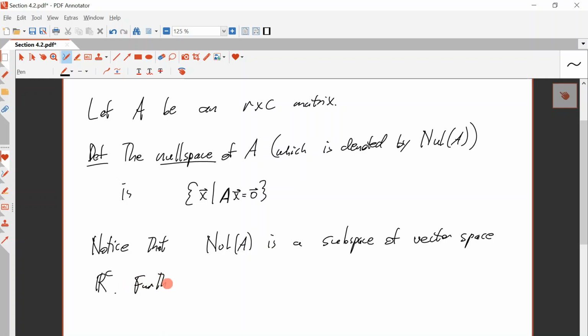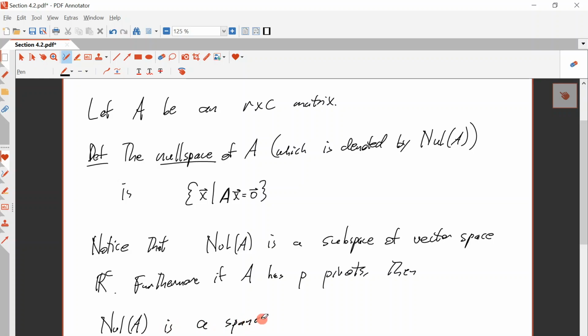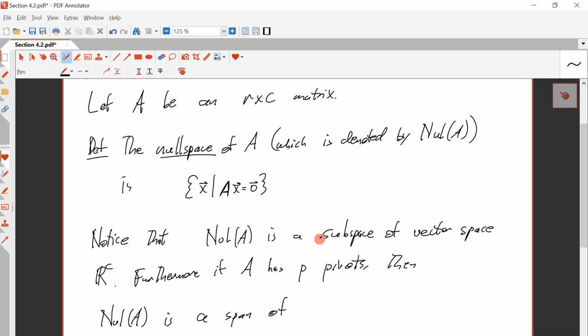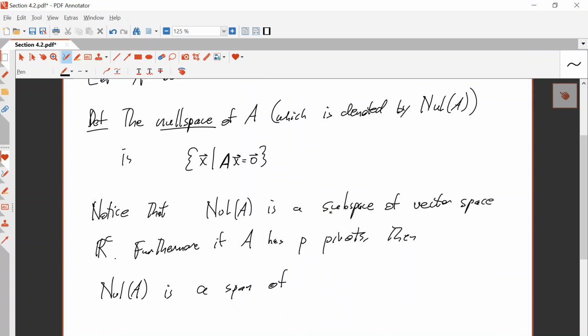Furthermore, if A has P pivots, then null space of A is a span of, well, how many vectors?